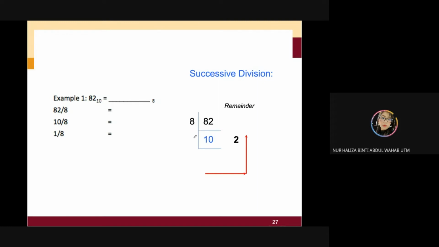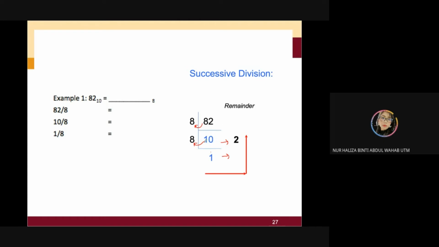Then, of course, over here you will get another 1, right? But slowly, take a look. This one, you're going to divide again with 8, and you will get the answer as 1 below, and then you will get the same, which is the remainder.